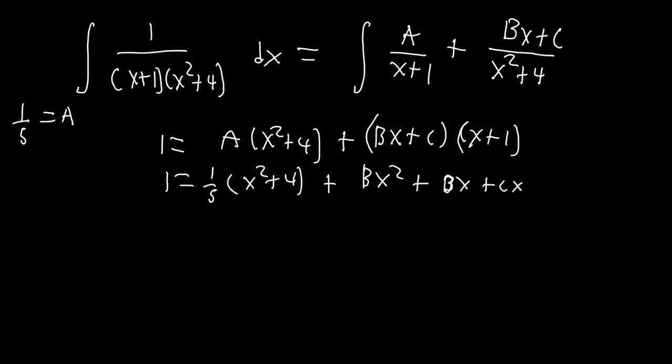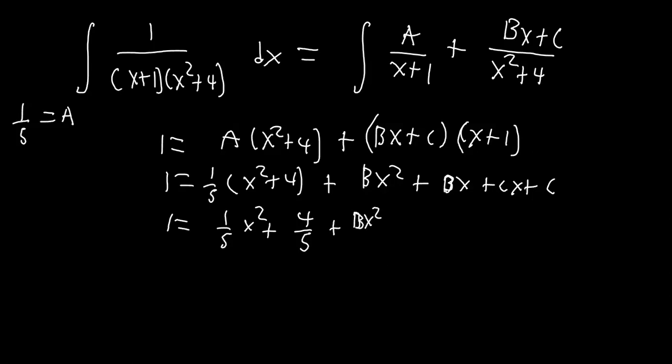plus cx plus c. So here, we know that b has to be equal to -1/5. Now, what's the reason? The reason is because we have no x squared in the numerator here.